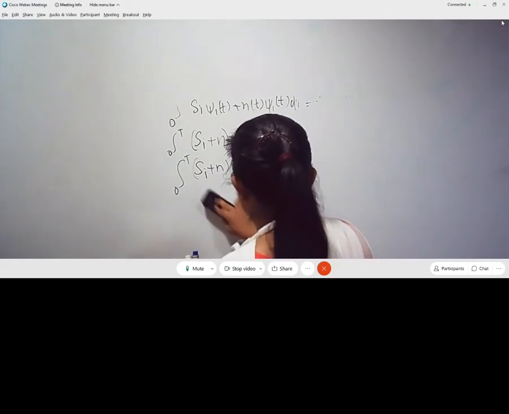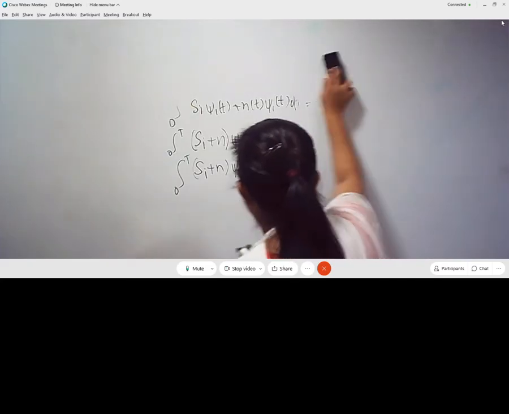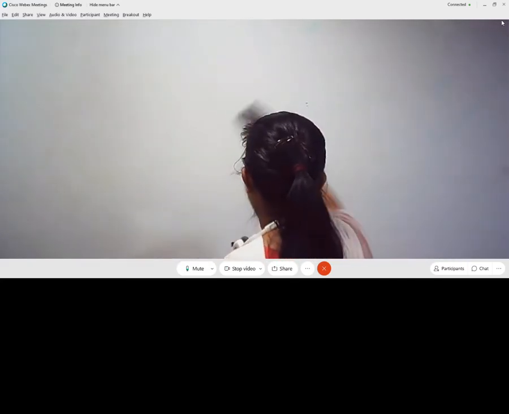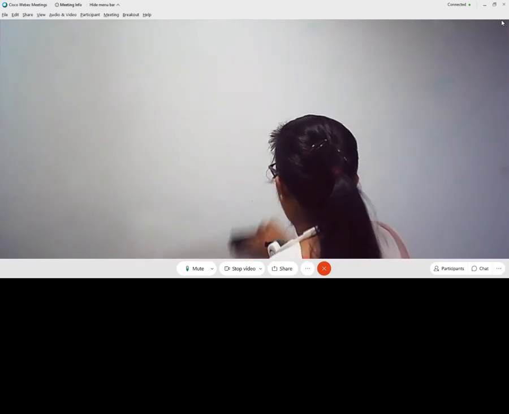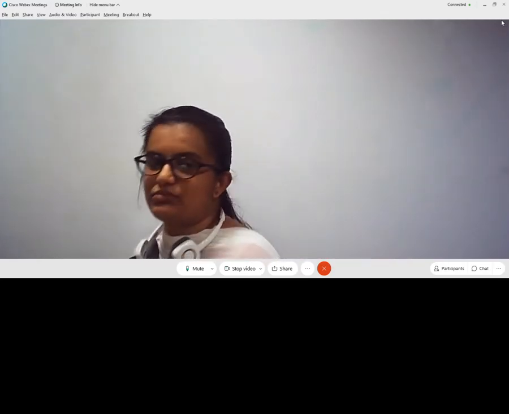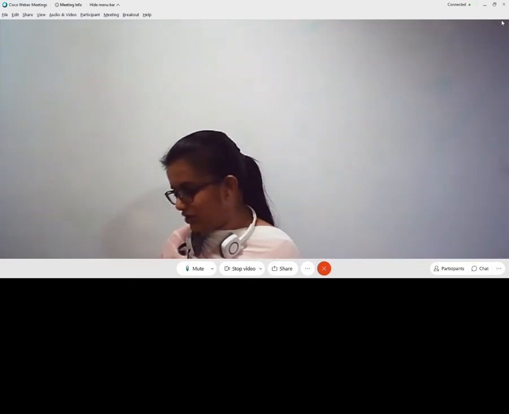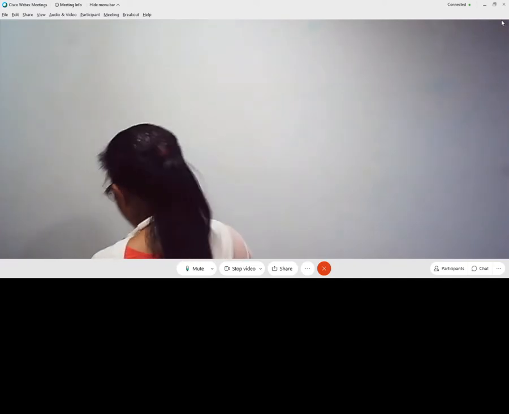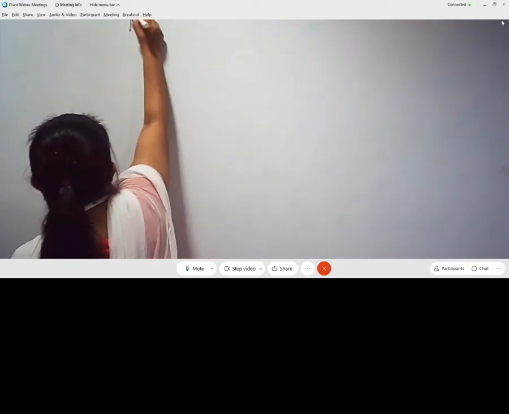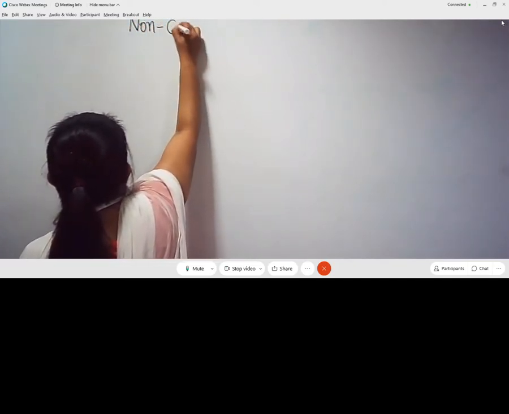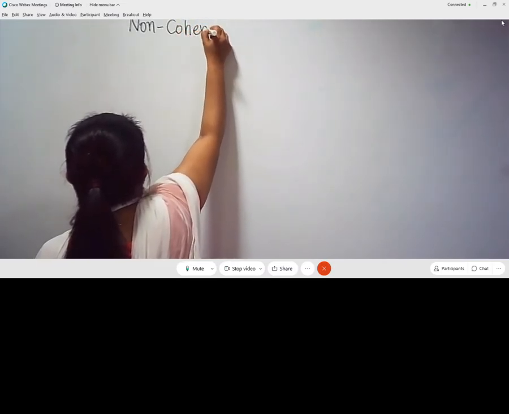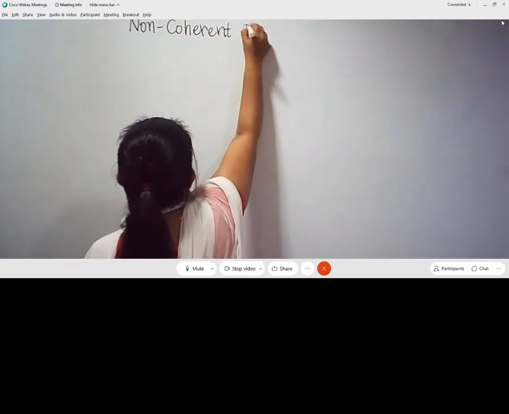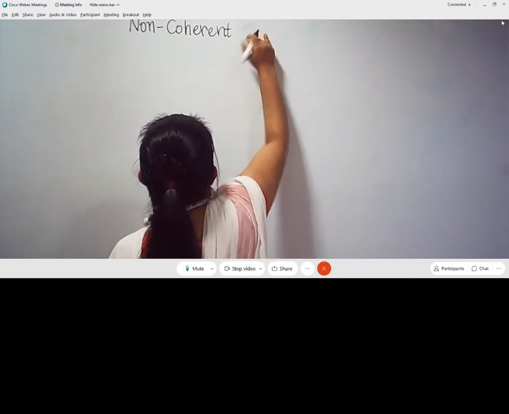Such modulation techniques which do not make use of the carrier information at the receiver are called non-coherent modulation techniques. So now we are going to discuss non-coherent modulation schemes.